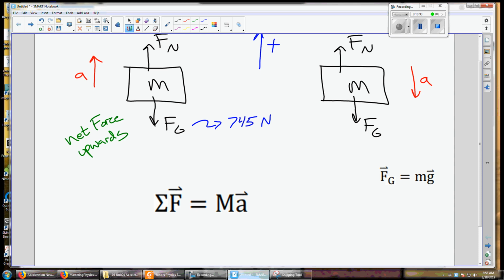So, which direction is my net force when I'm accelerating down? Down. Net force. I wonder if you're making the mistake of seeing F sub n and thinking that means net, not normal.